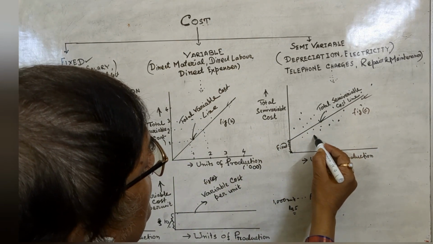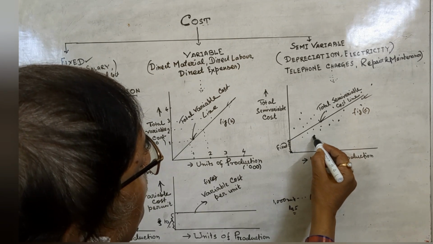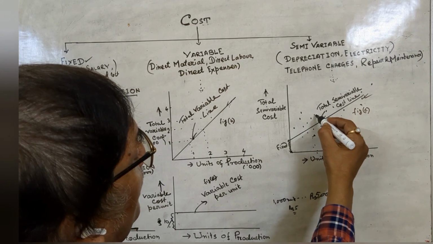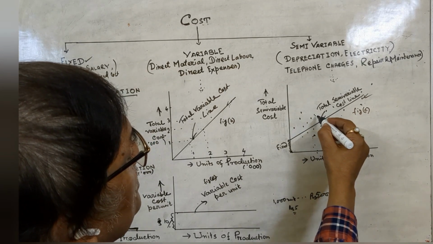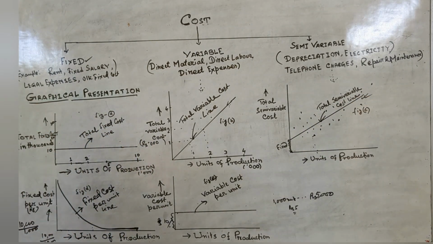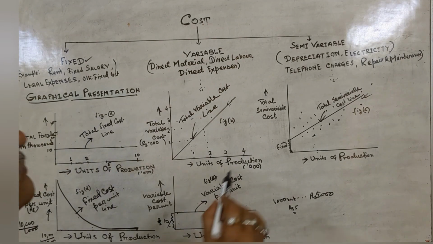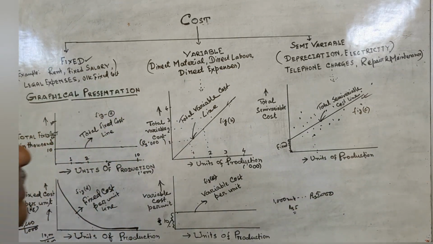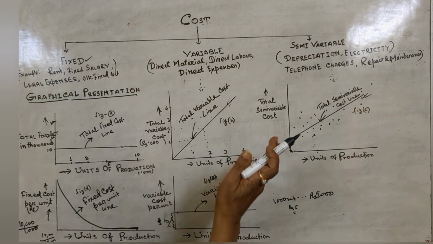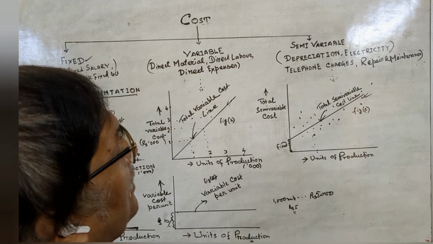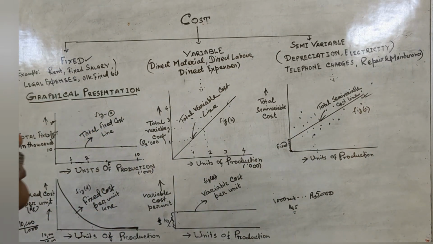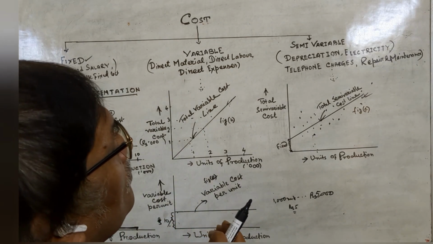Suppose the total semi-variable cost is 9,000 for these units of production, and this is say 16,000. In this way, you are plotting the different total semi-variable cost points with respect to units of production. And now you pass a line over these points so that the total deviation is minimum.